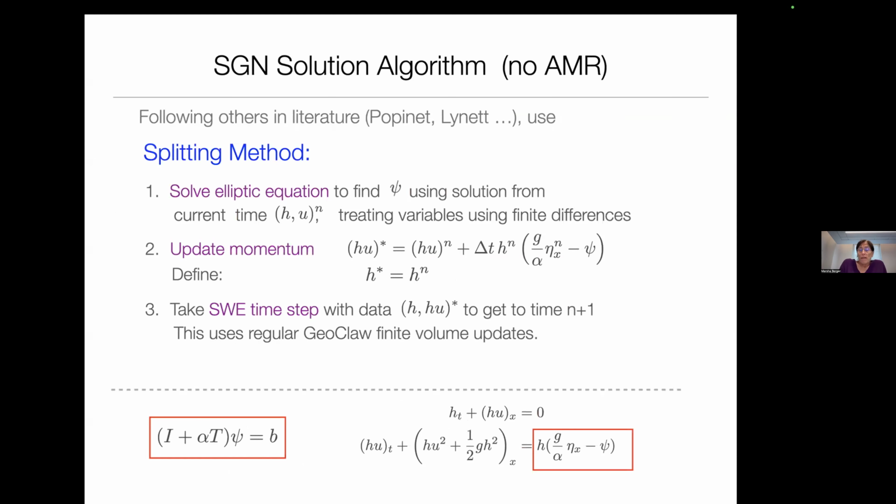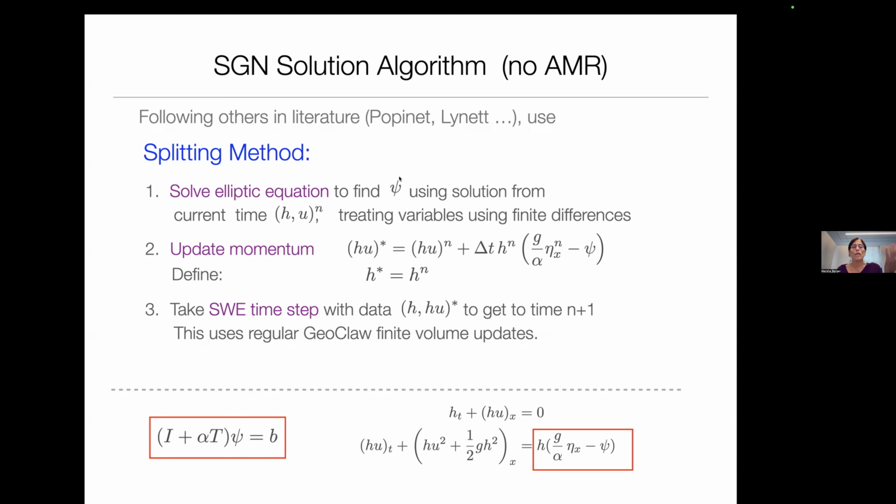So let's talk about how to solve it. First, I'm going to talk about how it's solved without adaptive mesh refinement, and then how we modify it to include adaptive mesh refinement. For those who have not seen it before, the literature uses a splitting method. First, we solve the elliptic equation to find psi, at a given time level. We have the height and the momentum at time n.